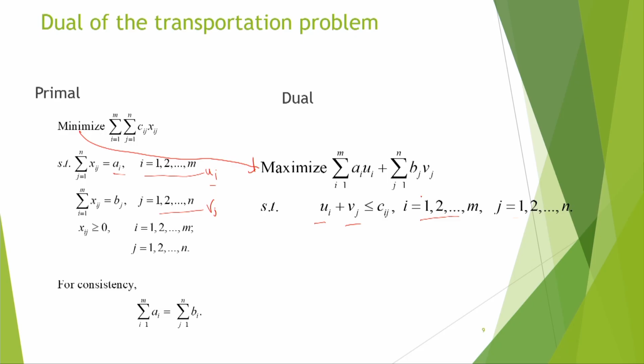And u and v are unrestricted, but you get this type of condition that in the dual problem ui plus vj should be smaller or equal to cij. You will understand later on, it will give you a type of clue in understanding things, but I am telling you that it is possible to write a dual of the transportation model also.